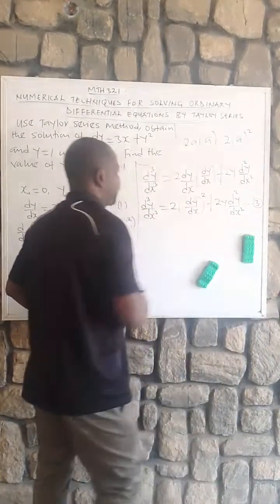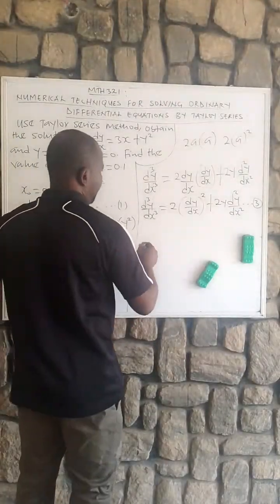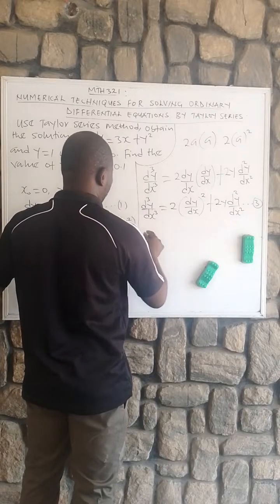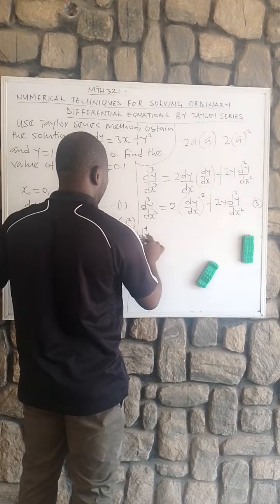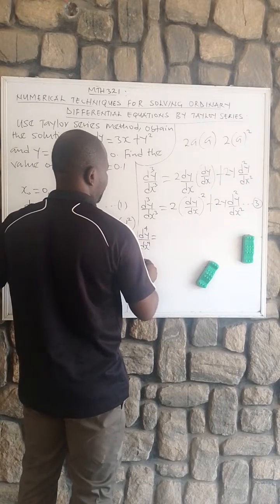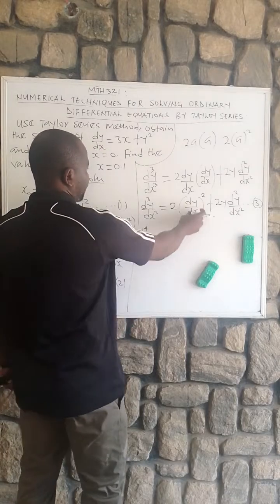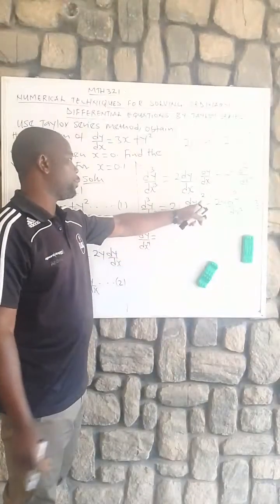If we differentiate this again, we are going to have d to the power 4 y over dx to the power of 4 equals, differentiate this. Go back to your elementary calculus here.